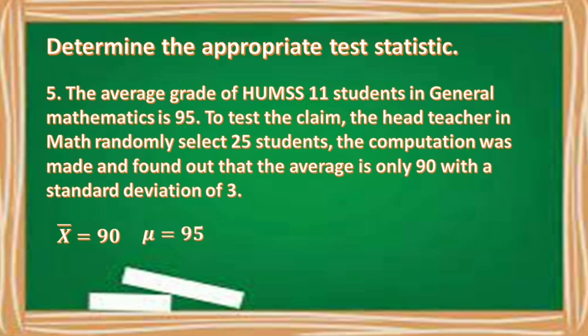Our mu or population mean is 95. Our n or sample size is 25. And our sample standard deviation or s is 3. Therefore, what type of test statistic is this one? This is a T statistic because our sample size is less than 30.